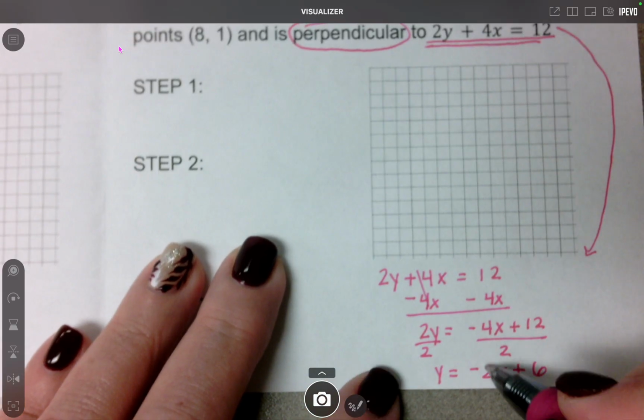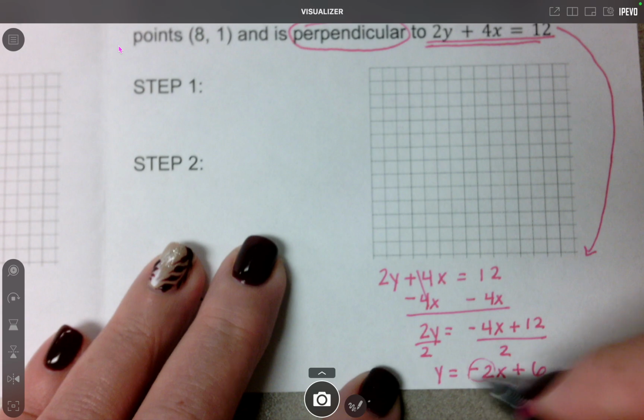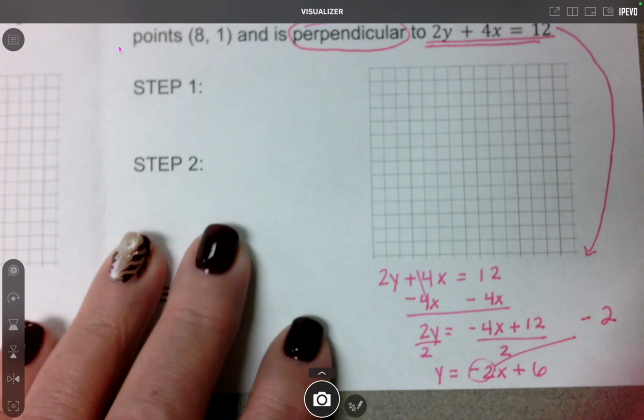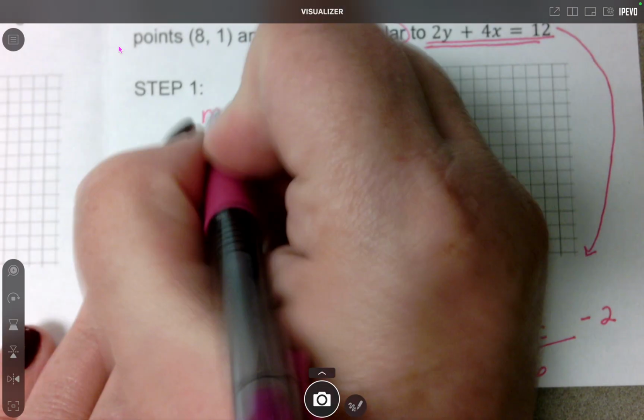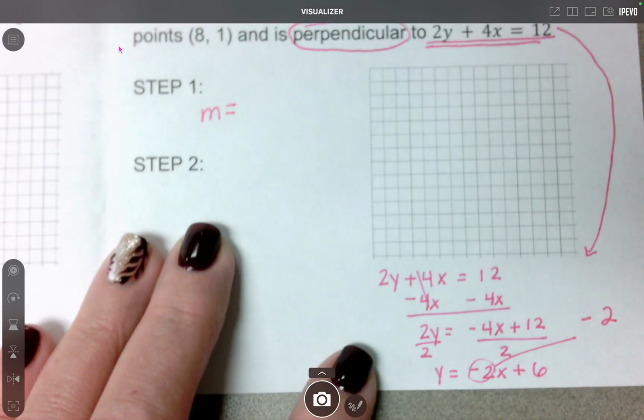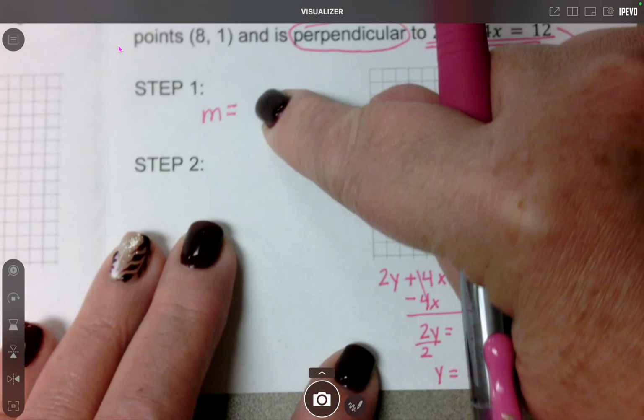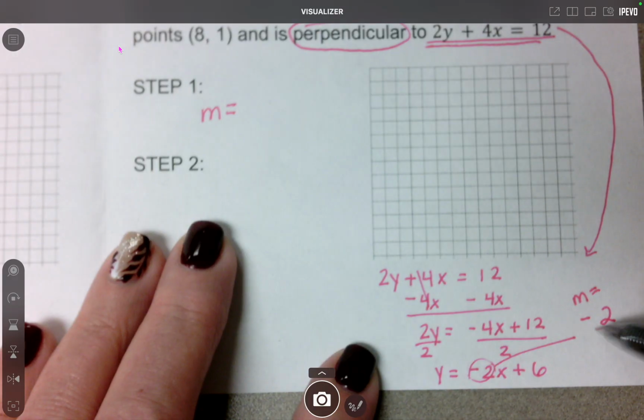I can now identify my slope. My slope was negative 2. That's for the original equation. For my new equation, because I want it to be perpendicular, this one's negative, so I need to make my new one positive, and I also need to flip this, so it becomes 1/2.